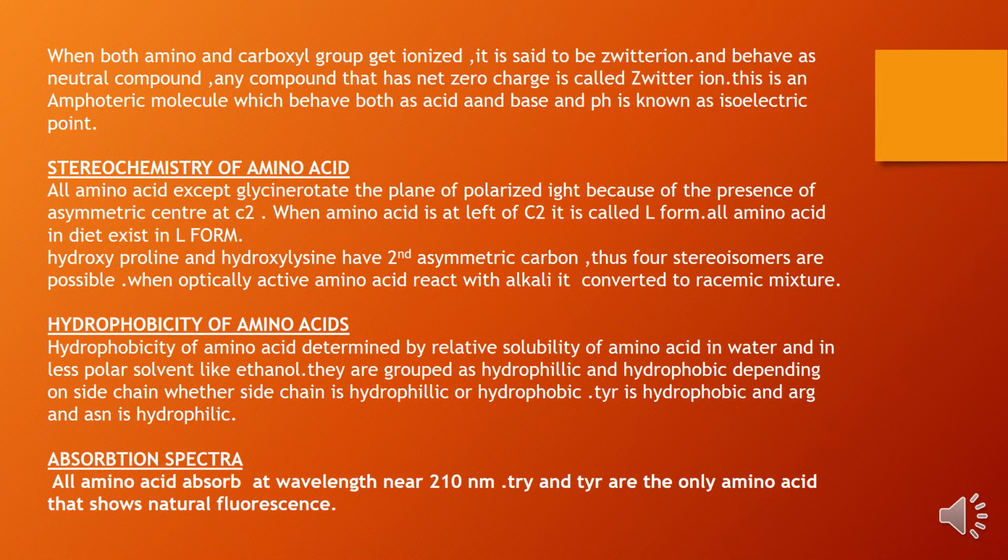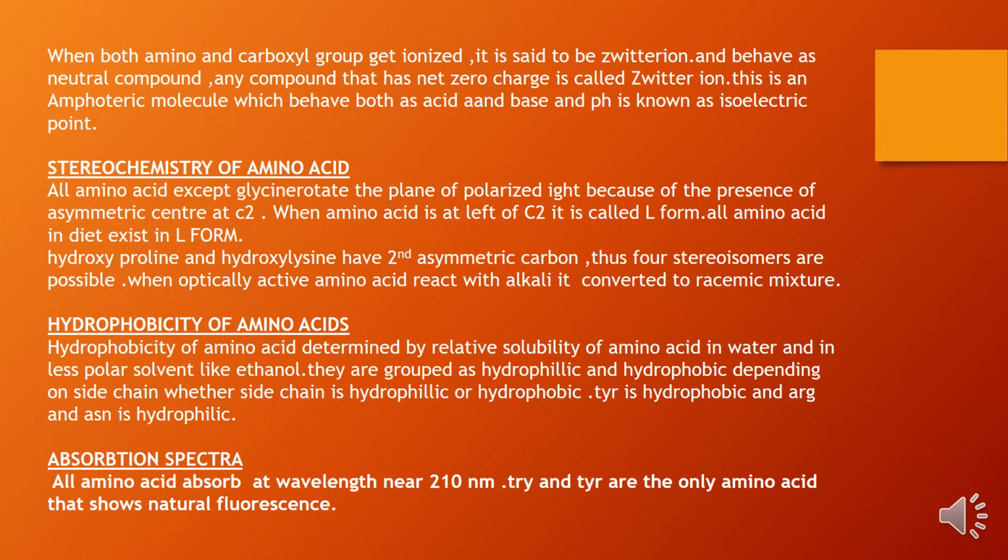All amino acids in the diet exist in the L form, the levo form. Hydroxyproline and hydroxylysine have a second asymmetric carbon. Thus, four stereoisomers are possible. When an optically active amino acid reacts with alkali, it gets converted into a racemic mixture.